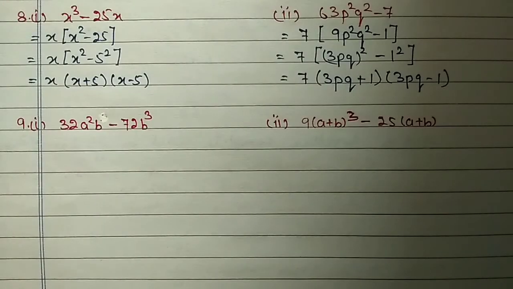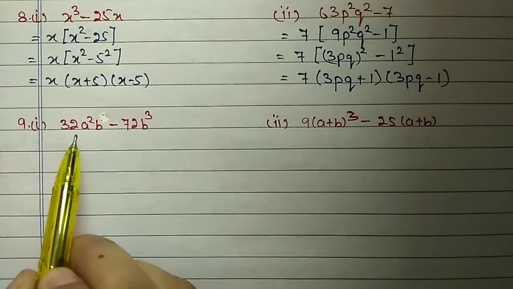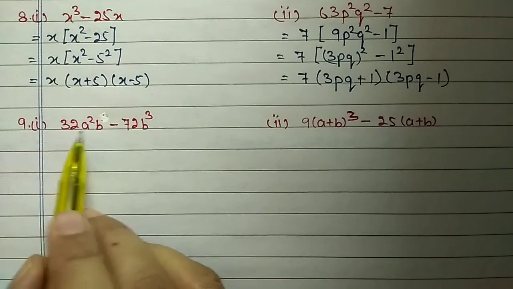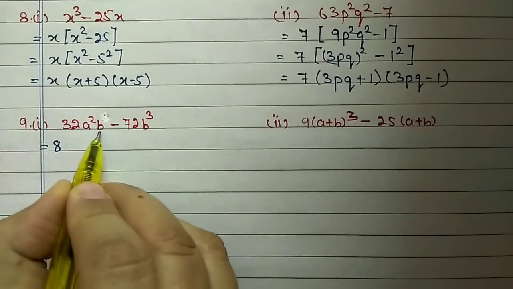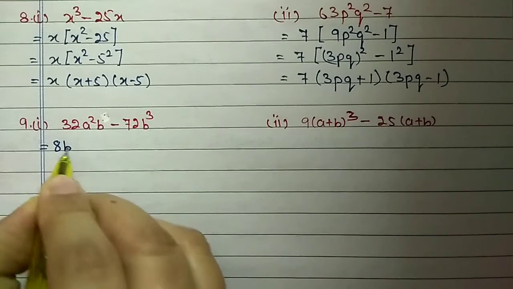Next, question number 9, first part, 32a²b − 72b³. Here we have to take the first common thing out. From 32 and 72 we can take 8 as common, and from b and b³ we can take b as common.